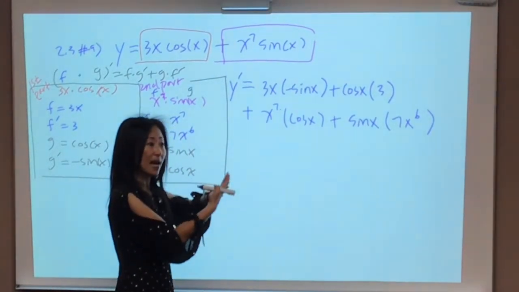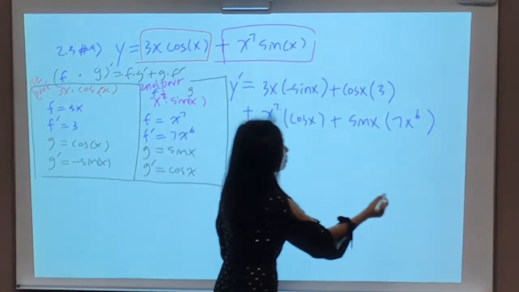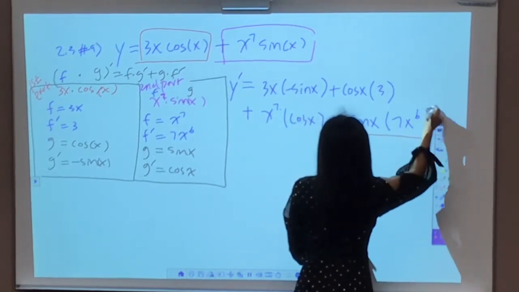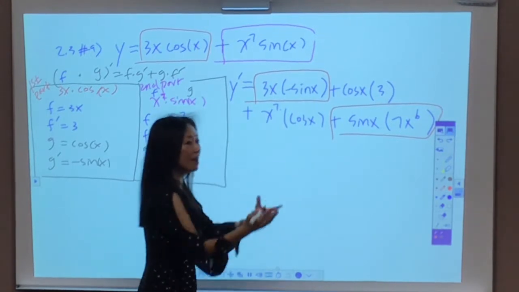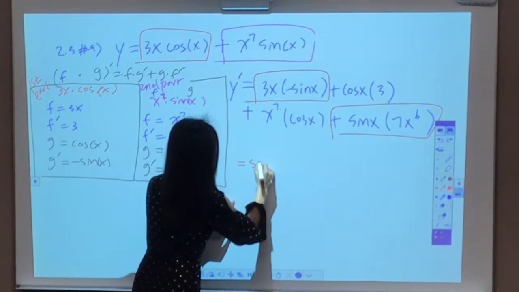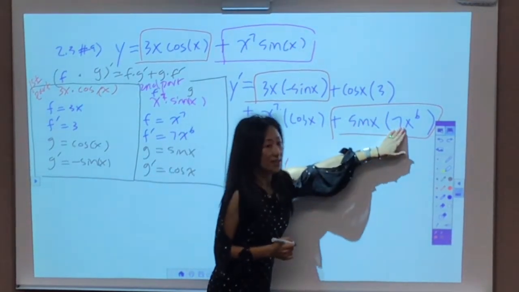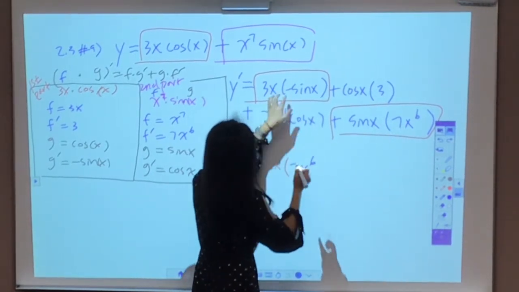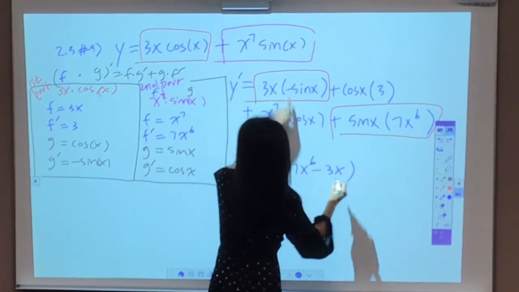If it says simplify completely, then it will probably want you to combine what? Sine with a sine. I see sine here, and then sine over there. So my common factor would be what? Sine. So if I bring out the sine, what do you have? 7x to the 6, and over here, don't forget this negative sign, so negative 3x.